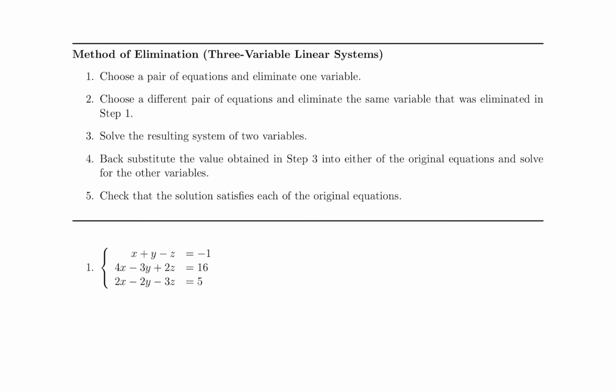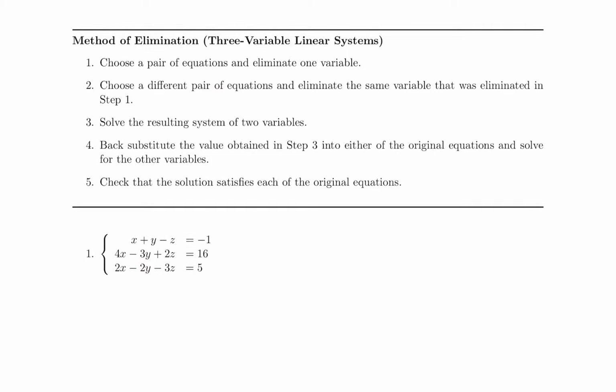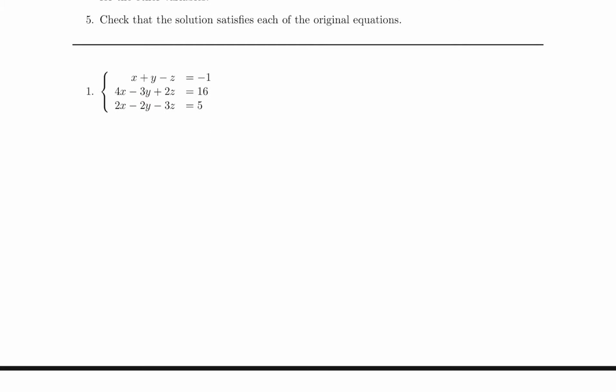Now when we do a 3 by 3 system of equations, of course, we have to be a little more careful in terms of not making mistakes, right? So let's look at this example. 3 by 3 equations.